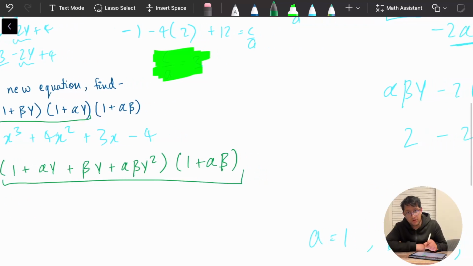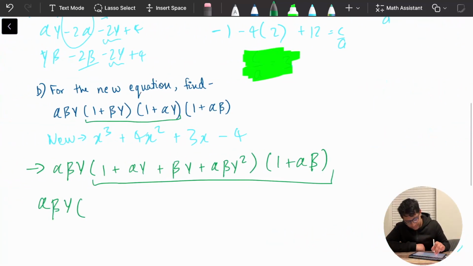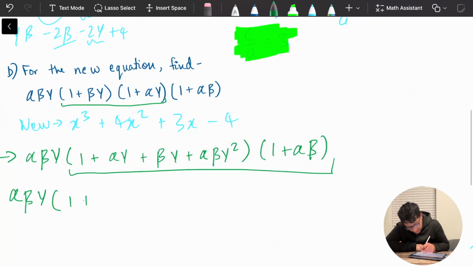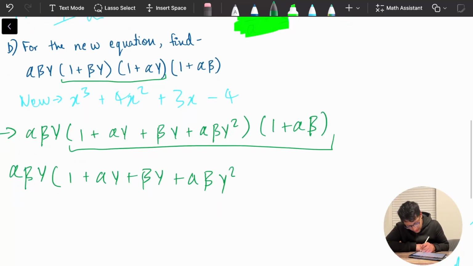Okay, I'm going to times everything by 1 first, then I'm going to times everything by alpha beta. Okay, so 1 plus alpha gamma plus beta gamma plus alpha beta gamma squared, right? I'm going to go to the new line.